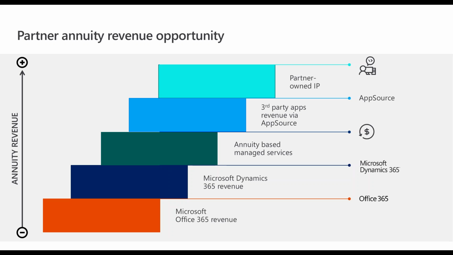And the other one that's not on this is making what we call customizations, which are still extensions specific for that customer as well. So all those different revenue streams can basically increase the amount that you're getting from your particular customer by month. In the case of third-party apps and partner-owned IP, it's normally a 25% increase in the actual per user base that you'd see in that sort of area.